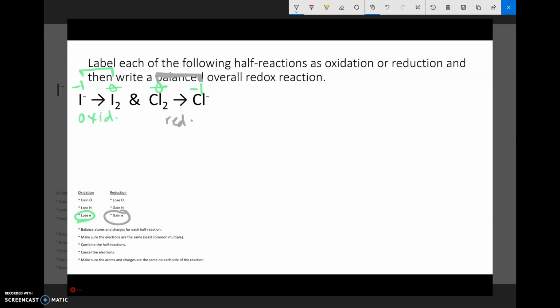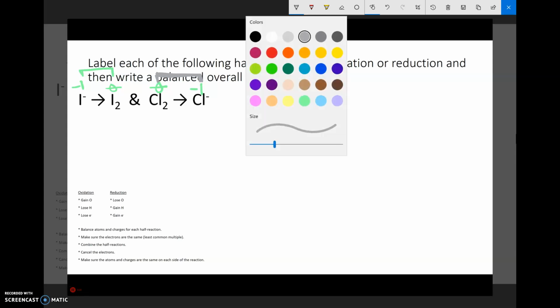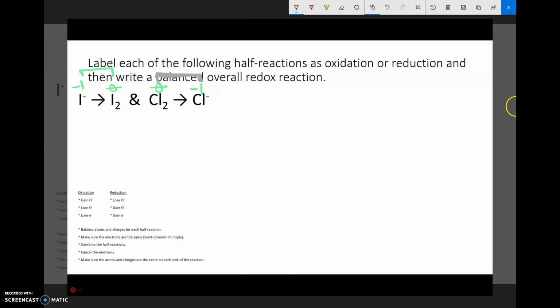Now let's go ahead and balance this. So let me clear some space for us. Okay, the first thing we're going to do is balance each half reaction, their atoms and their charges. So let's go ahead and do this iodine. I'm going to erase all of that because I think it will look better.